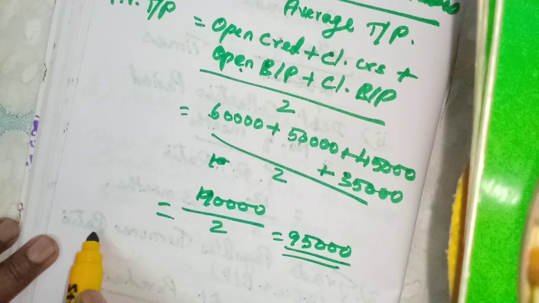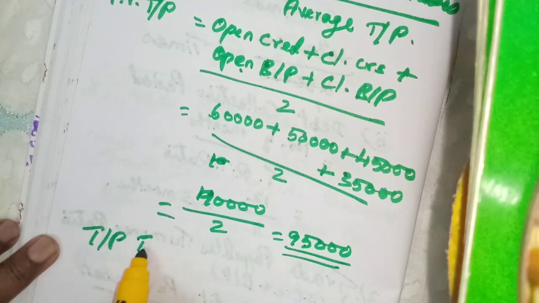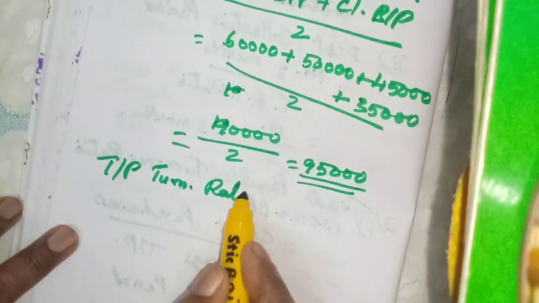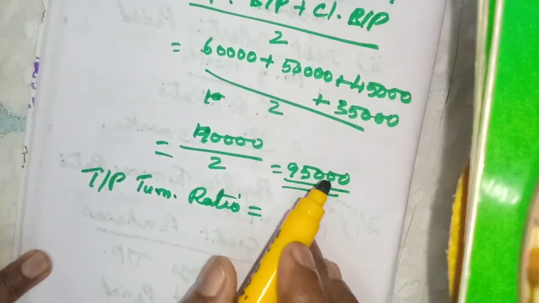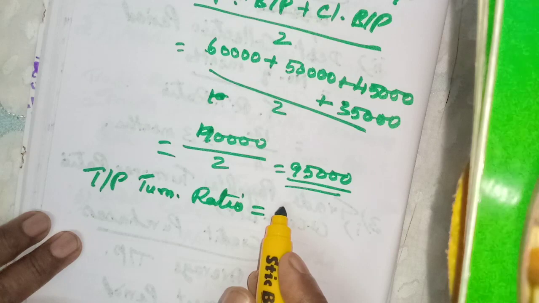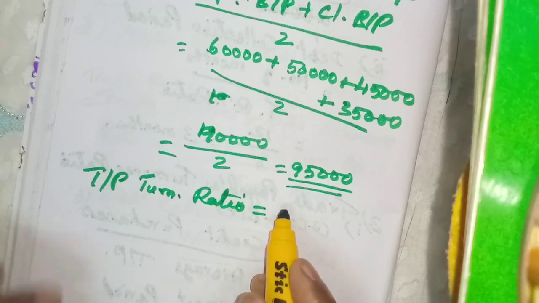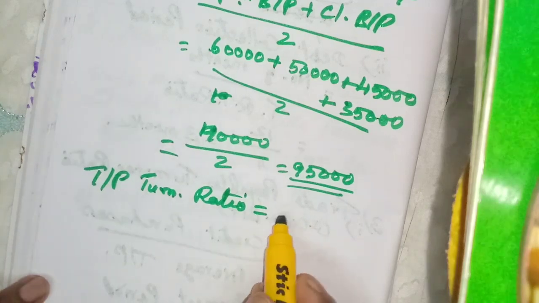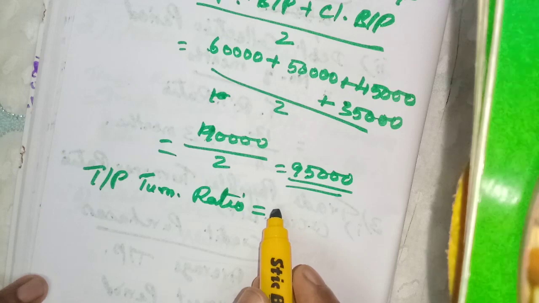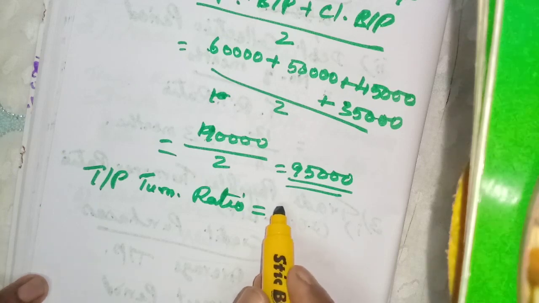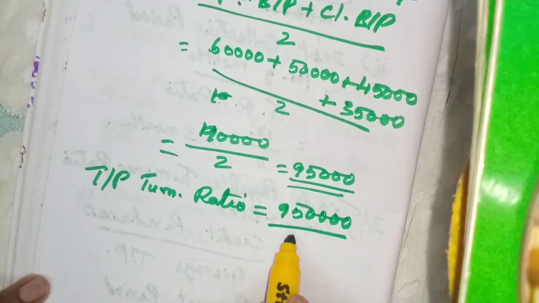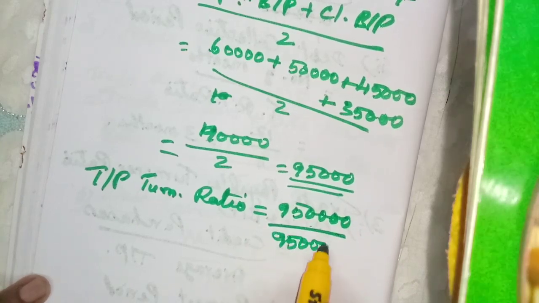So now the ratio, trade payables turnover ratio. Credit purchases given in the problem 9,50,000 divided by 95,000.